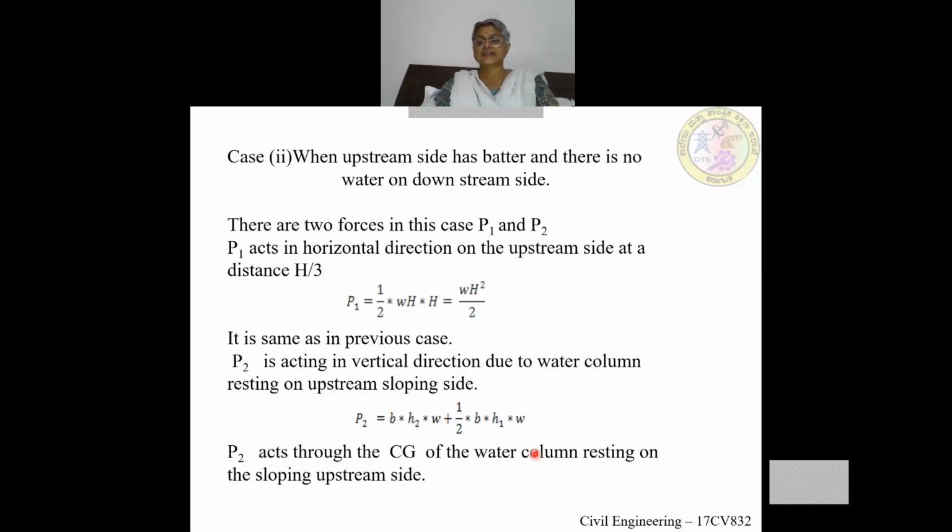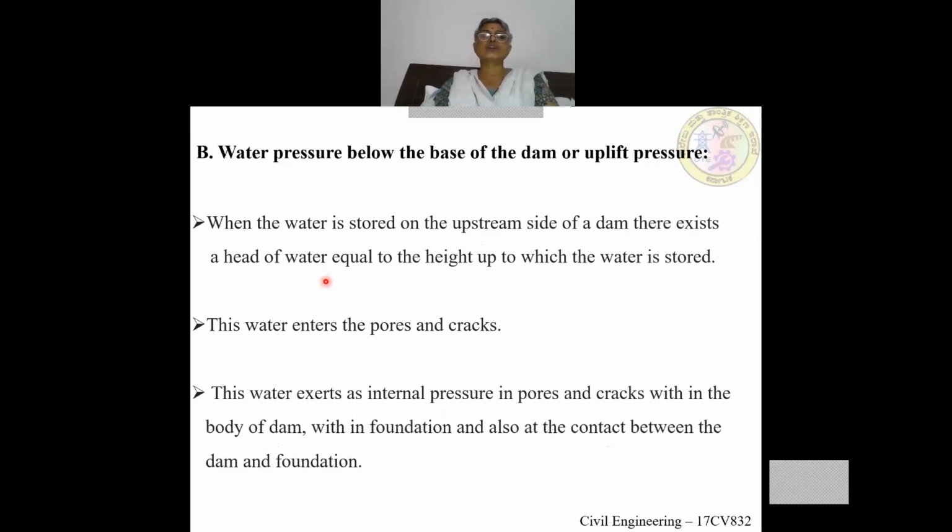Coming to the water pressure below the base of the dam, or uplift pressure. What is this? Where is the water below the base of the dam? If there is water above the base of the dam, there will be a head of water at the base of the dam, equal to the height up to which the water is stored.